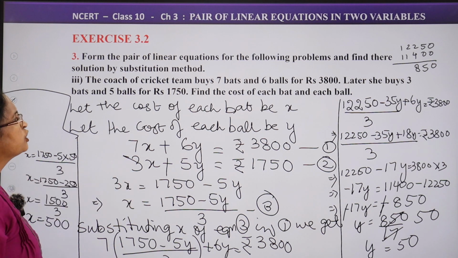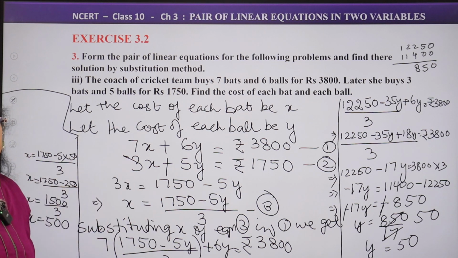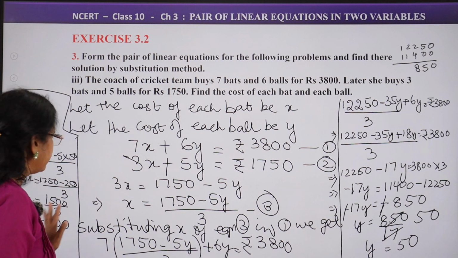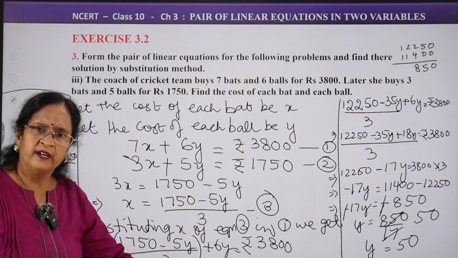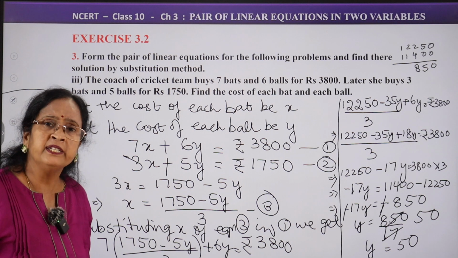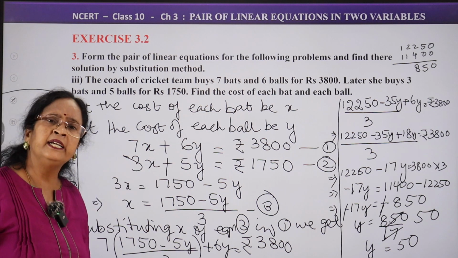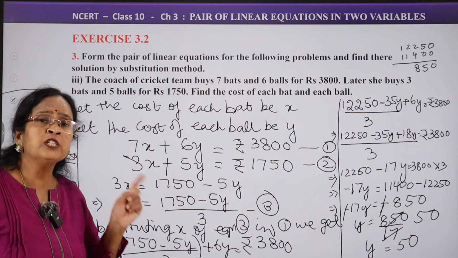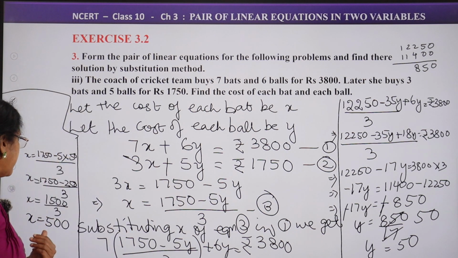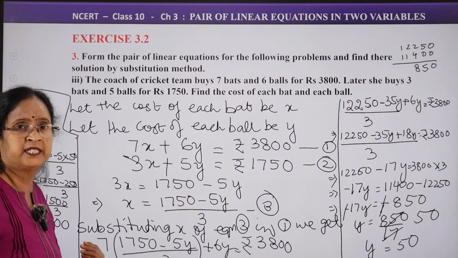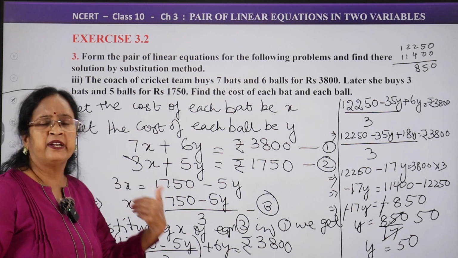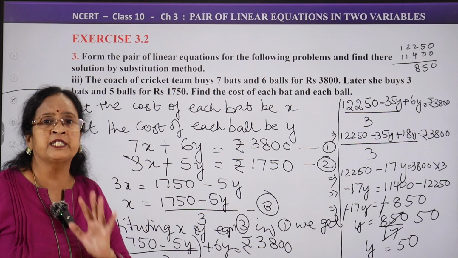When we solve, so finally what will you write? You got the value of x, value of y. But finally what will you write? What is asked? The cost of each bat and each ball. The cost of each bat is 500 rupees. Mentioning rupees is very, very important because cost is asked.